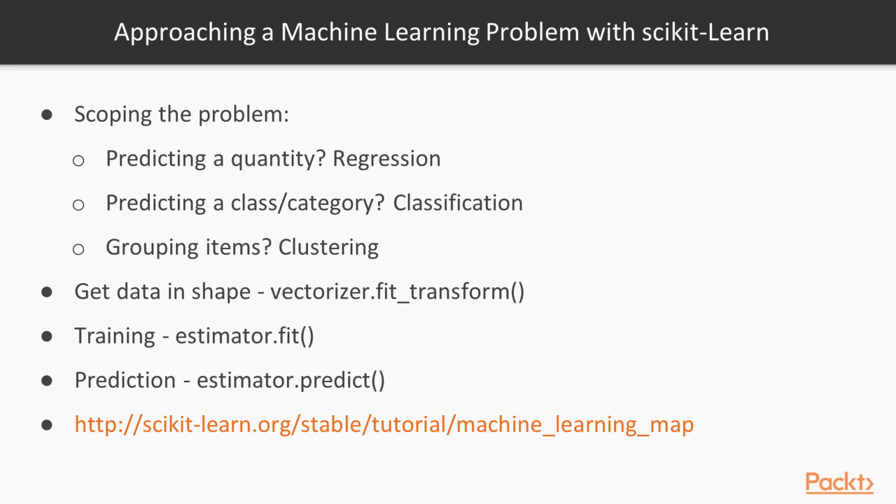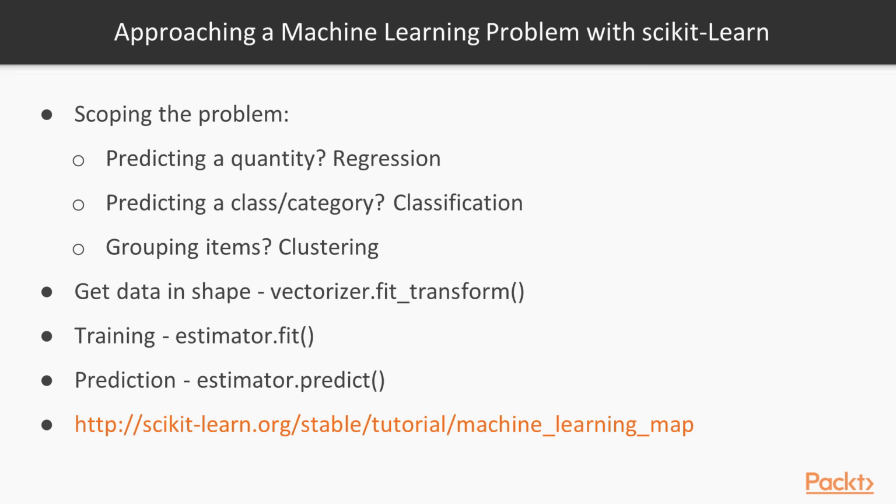And for the training phase, all we need to do is to call the fit function against our training data. After training the estimator, we can perform the prediction by calling the predict function against the test data. So this is the overall idea of approaching a machine learning problem with scikit-learn. Of course, we'll tackle specific problems in the next videos.